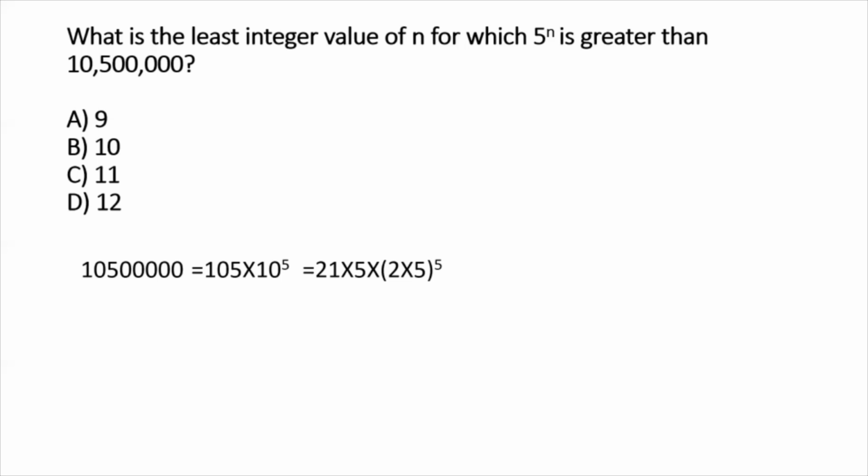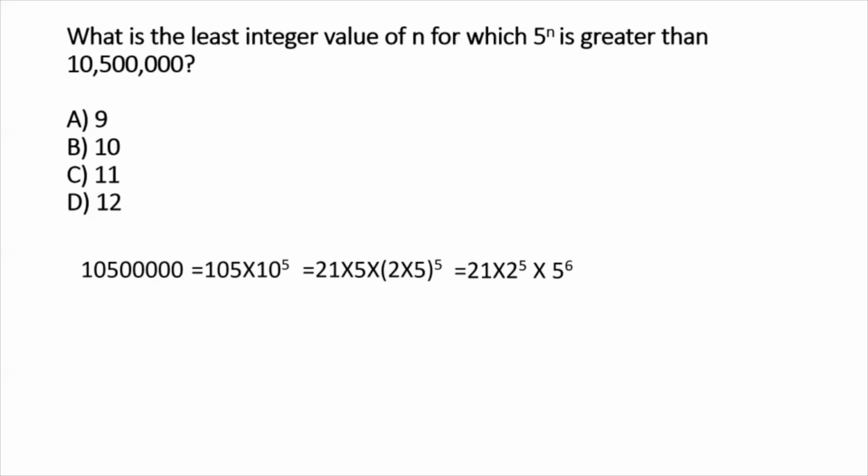So this is what we have here: 21 multiplied by 5 multiplied by, within parentheses, 2 multiplied by 5, whole to the power 5. Now if we remove the parentheses, we have 21 multiplied by 2 to the power 5, and then the exponents on 5 get added, so we have 5 to the power 6.